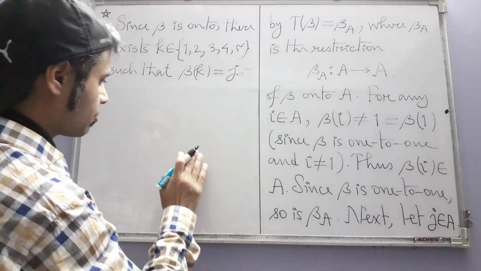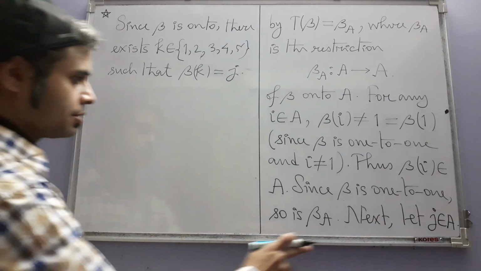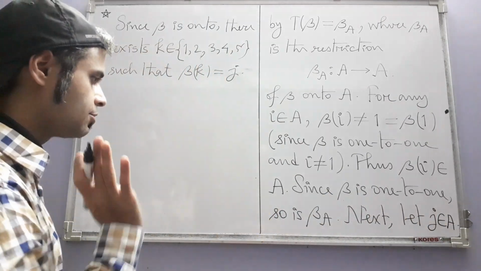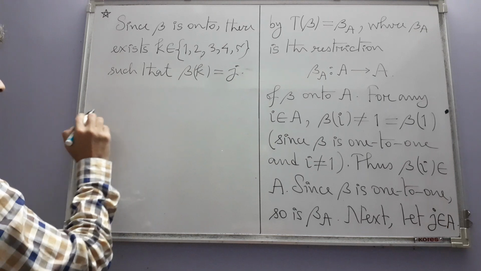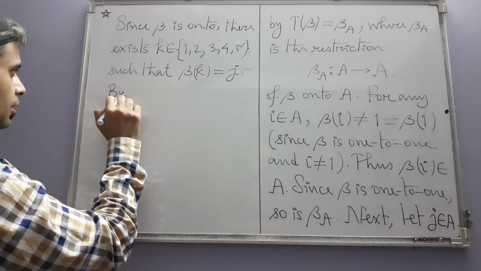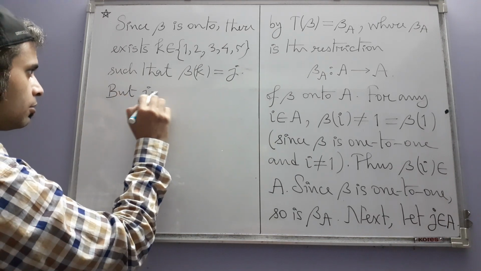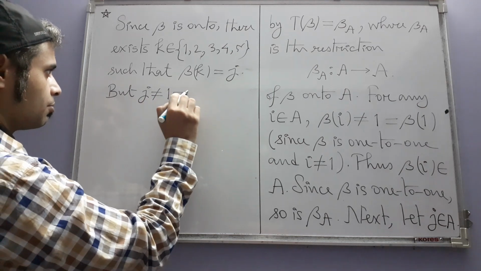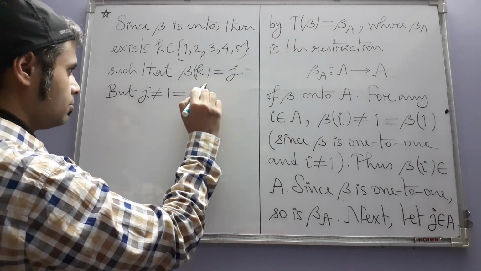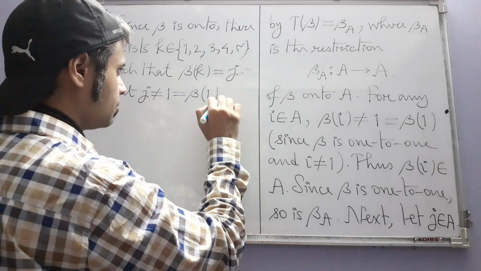But again, you note one thing, that since this j is coming from A, j is not equal to 1. But j is not equal to 1 and 1 is equal to beta of 1.